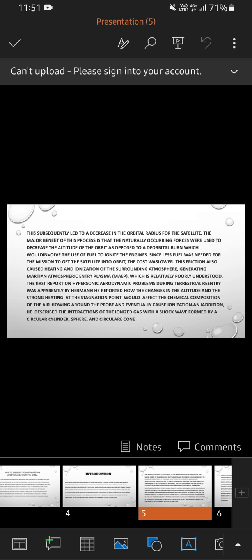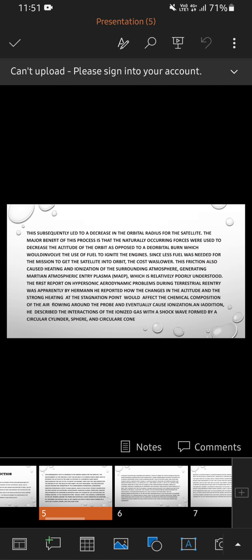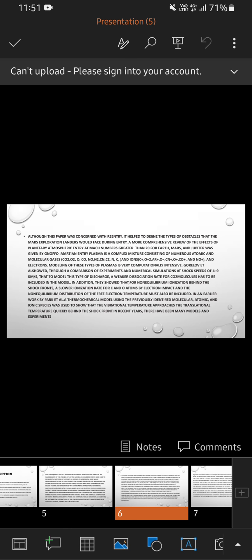In addition, he described the interaction of the ionized gas with a shock wave formed by a circular cylinder, sphere, and circular cone. Although this paper was concerned with re-entry, it helped to define the types of obstacles that the Mars exploration landers would face during entry.